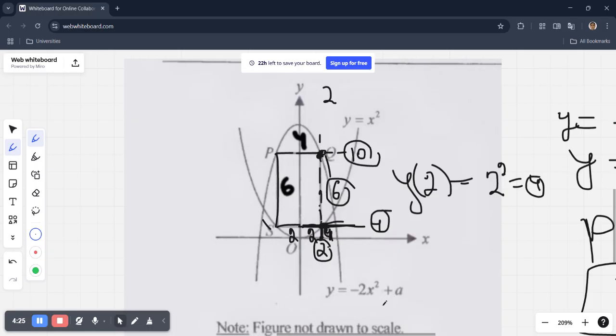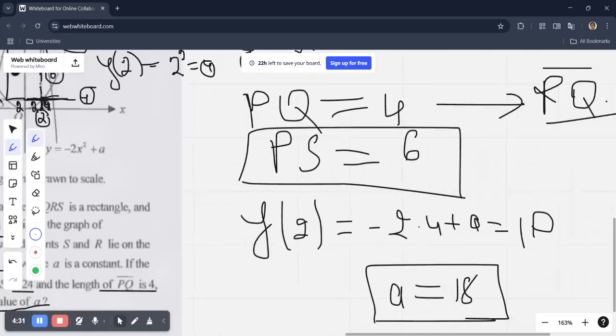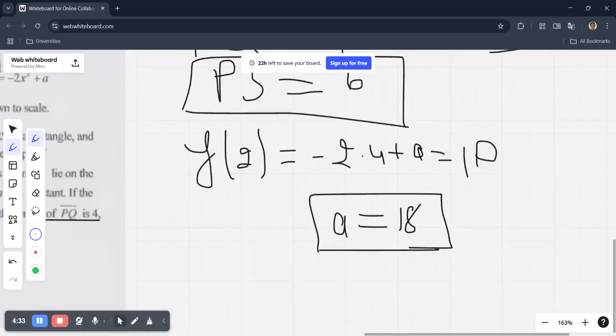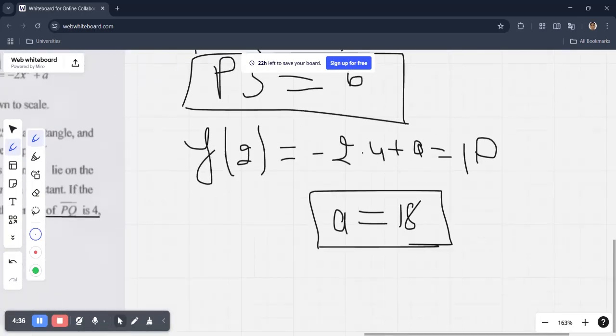Because if we take 2 instead of x for this function, it will be equal to 10. And as you can see here, I wrote down everything that will be needed for us. I made this function equal to 10 by taking 2 instead of x.